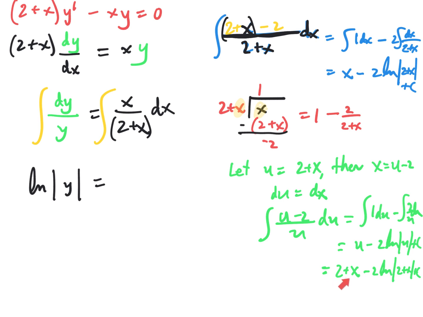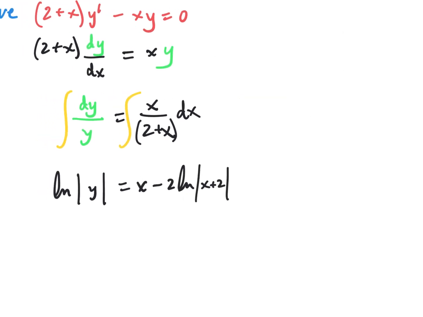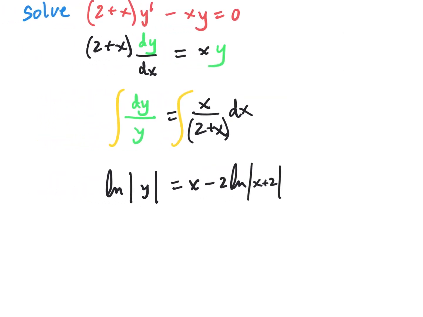And we can wrap that 2 into the constant, so we have just x minus 2 times the natural log of 2 plus x plus some constant, which is what we get in every scenario. So there's 3 ways we can do the right side and get to this stage.